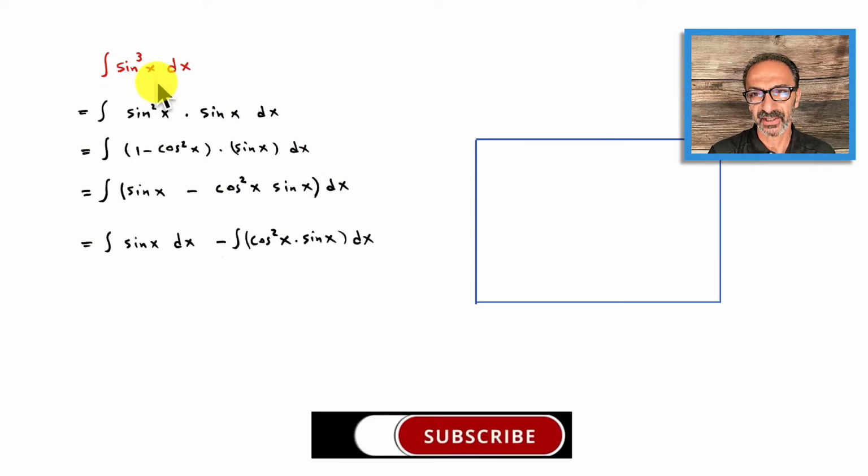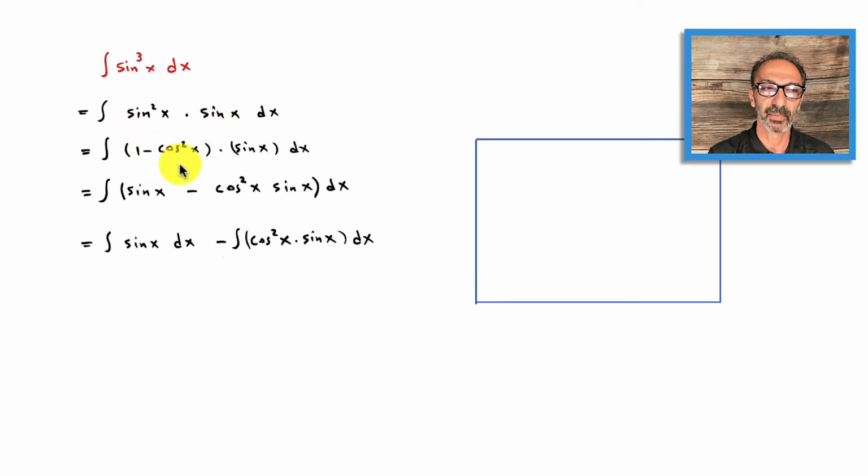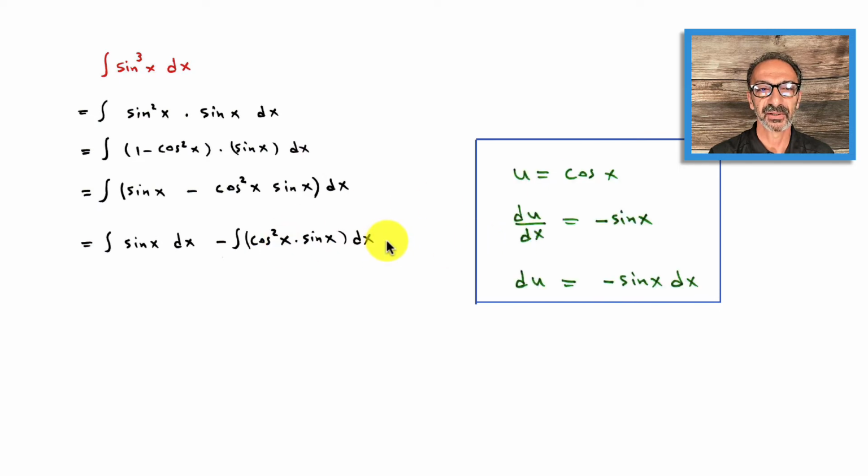In case we call it x for convenience, we could break it down to sine squared and sine, where sine squared is 1 minus cosine squared. Doing the distributive property here, we have sine times 1 and sine times cosine squared. So we'll take this right here, and we're going to use u substitution in this box.